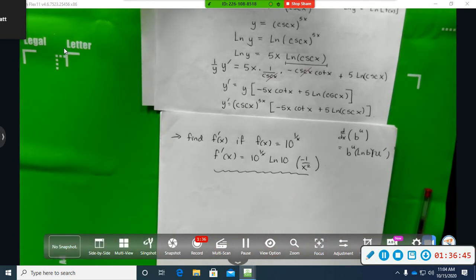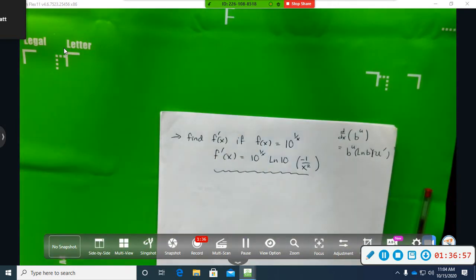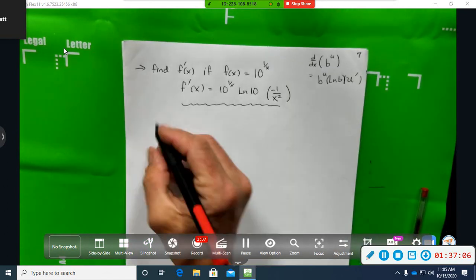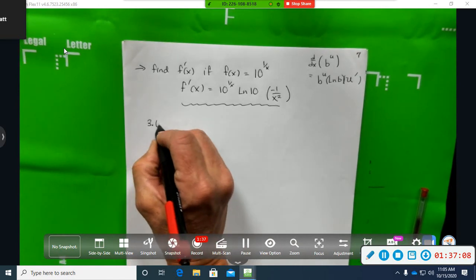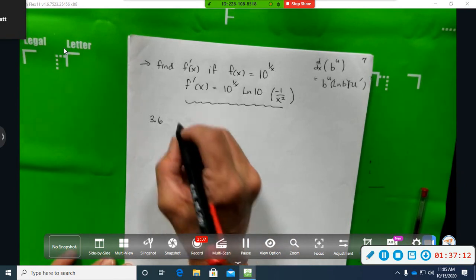So section 3.5 had a whole bunch of stuff in it. What was in section 3.6? Is that related rates?